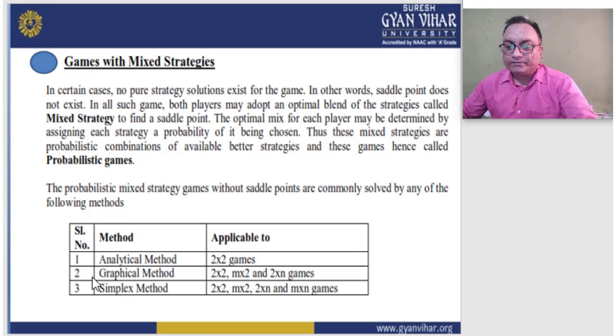Today I am discussing only the graphical method. Here three kinds of strategies are available: first is 2 into 2 strategy, second is m into 2 model, and the 2 into n game model. So we will solve different kinds of strategies by this method.